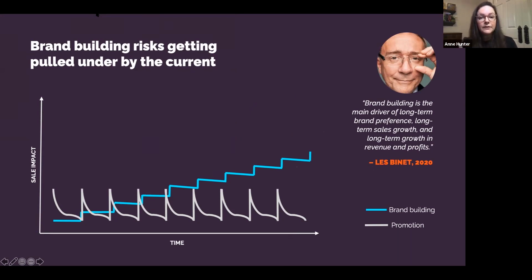And what they have determined, and this great quote from Les Binet, is that brand building is the main driver of long-term brand preference, long-term sales growth, long-term growth in revenue and profits. So brand building is critical to delivering revenue results for your companies.